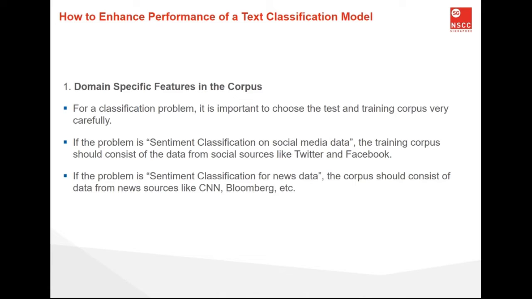On the other hand, if the problem is sentiment classification for news data, the corpus should consist of data from news sources. This is because the vocabulary of a corpus varies with domains. Social media contains a lot of slang and improper keywords, which are absent in any of the formal corpus such as news or blogs.